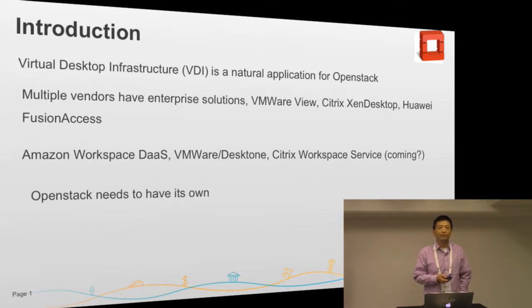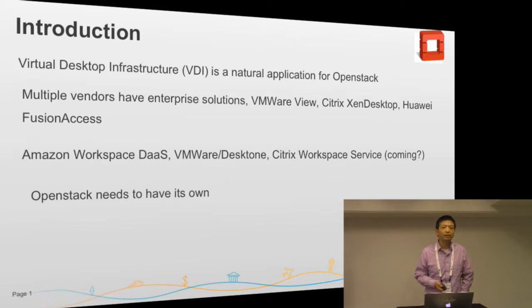For the enterprises, which are not on OpenStack yet, there are multiple solutions like VMware View, Citrix XenDesktop, and Huawei Fusion Access. Now these things are gradually moving towards the cloud. Amazon first has what they call desktop as a service. Amazon has this WorkSpaces.